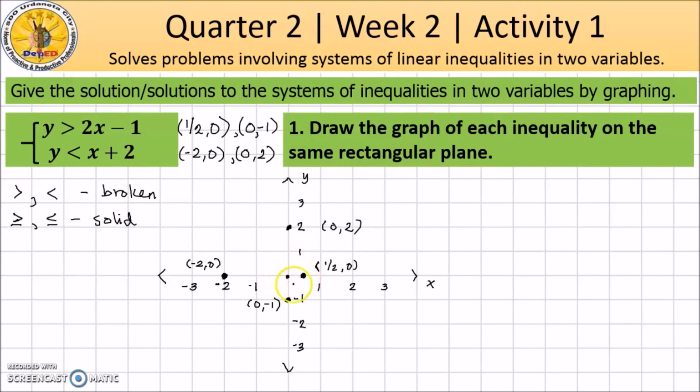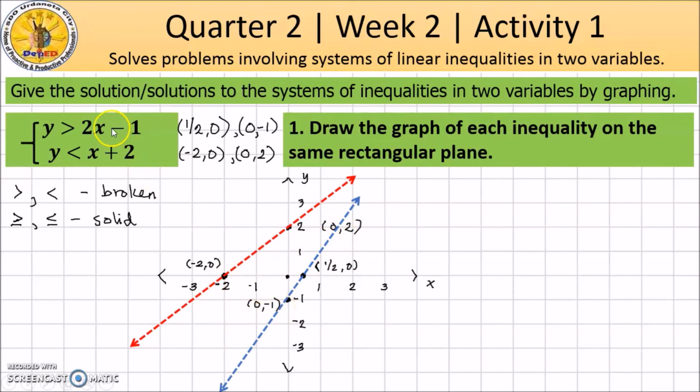Okay, so we're going to connect these 2 points by broken line, and another 2 points will be connected by broken line. So we have this. So we're done connecting the computed x and y intercepts.